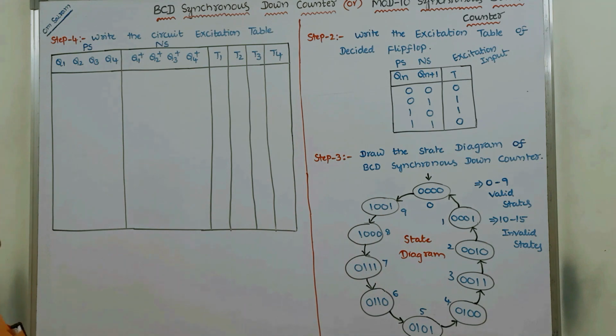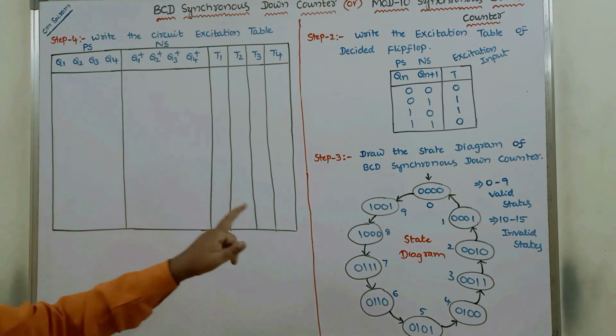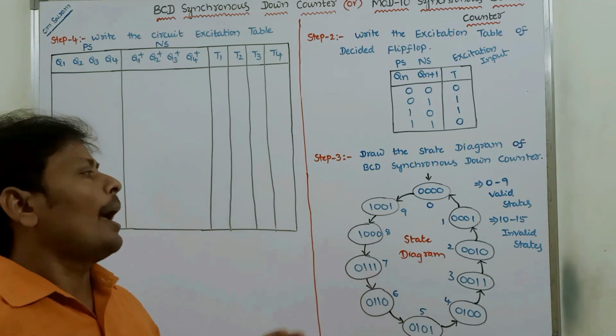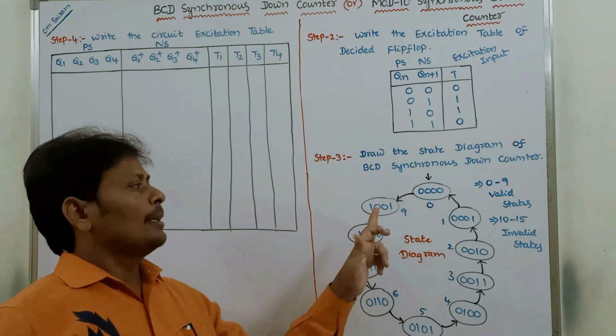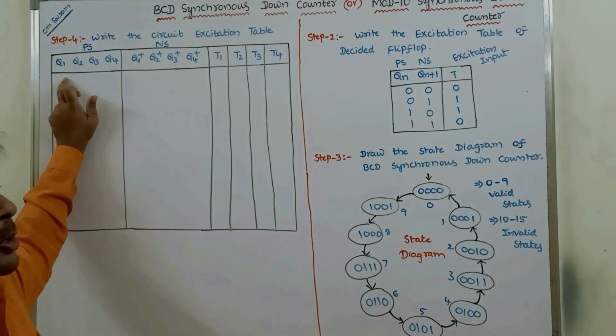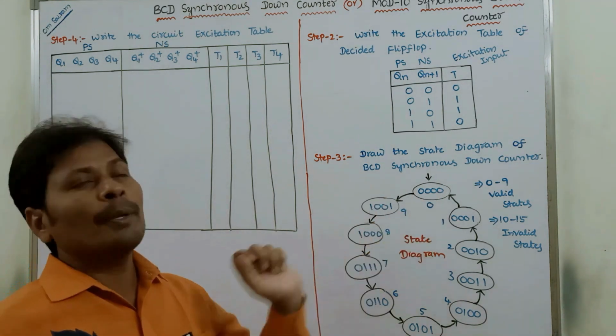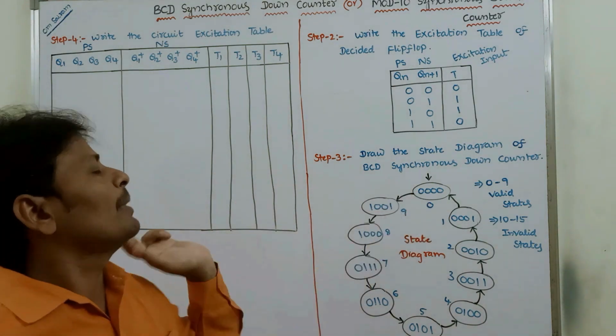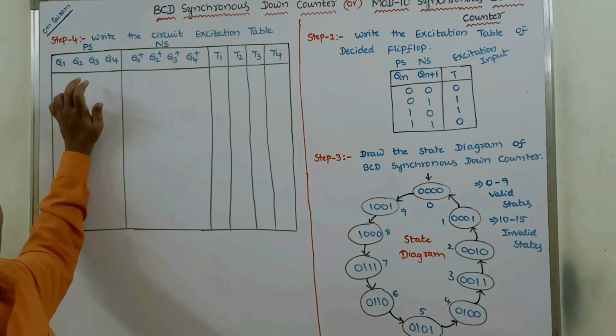Now, each and every state contains 4 bits. Among the 4 bits, the MSB can be represented as Q1 and the LSB as Q4, and the middle 2 bits represent Q2, Q3.